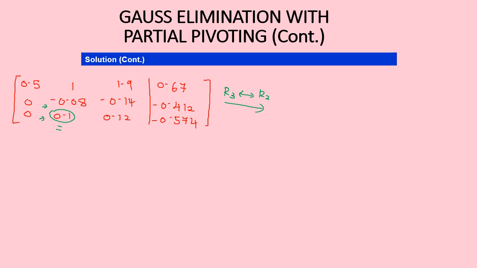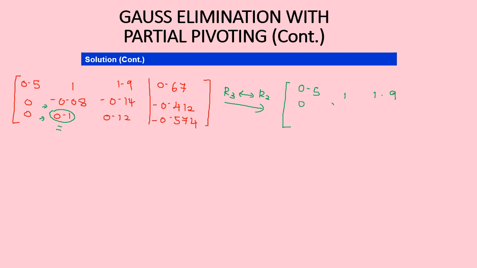What happened to our row 1? Row 1 remains because we are not going to do anything with our row 1. So our matrix becomes 0.5, 1, 1.9. We change row 2 with row 3.